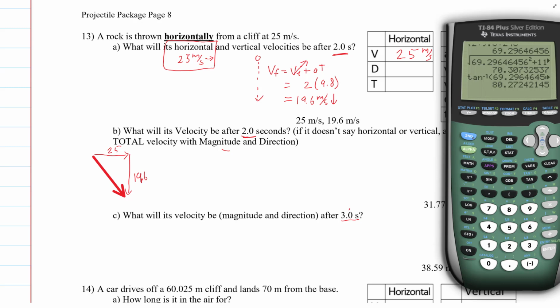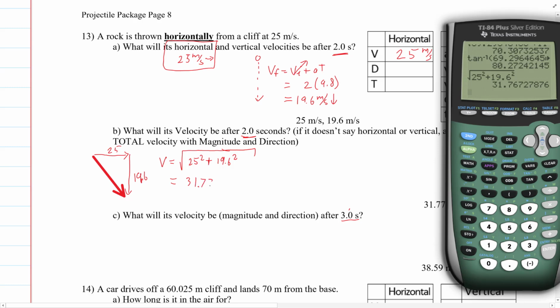So we'll take the square root of 25 squared plus 19.6 squared. So the total velocity is going to be 31.77 meters per second.